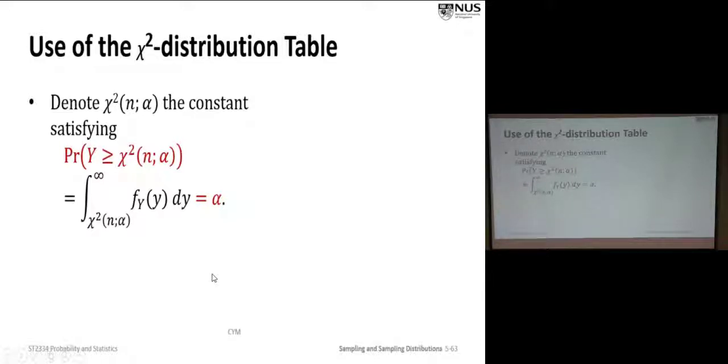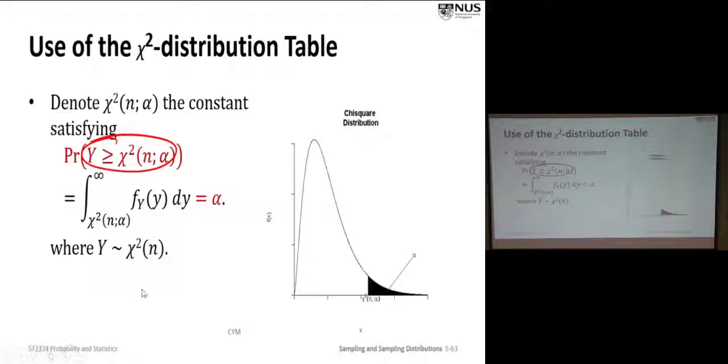Of course, how to get the values? The table that I uploaded to Luminous or IVLE provides you with chi-square distributions for given degrees of freedom. I give you the probability greater than a particular value.